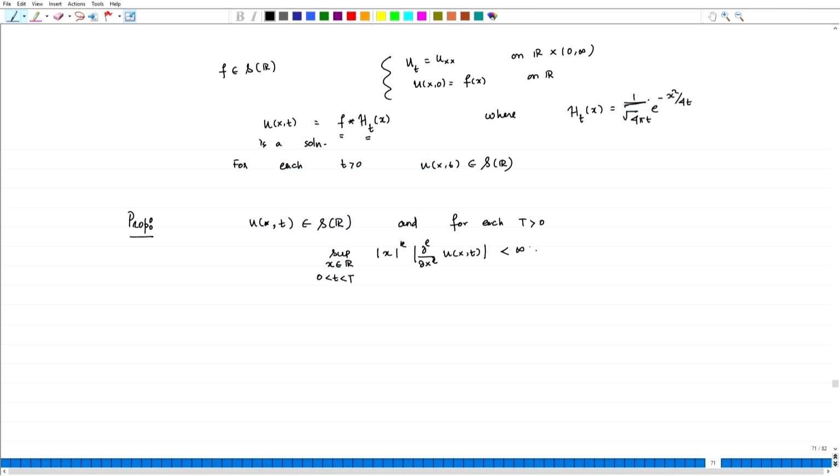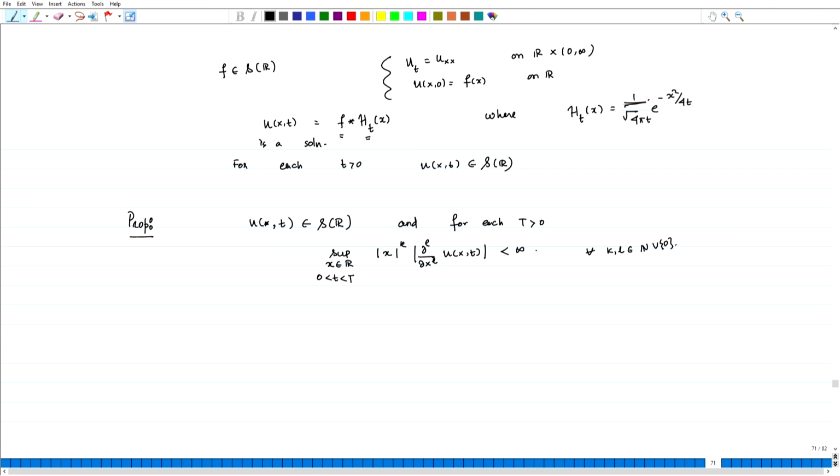That means in some sense this is uniform over t, for all k, l belongs to N. Okay. So first we will show it for u, and for the derivatives the proof is exactly the same.